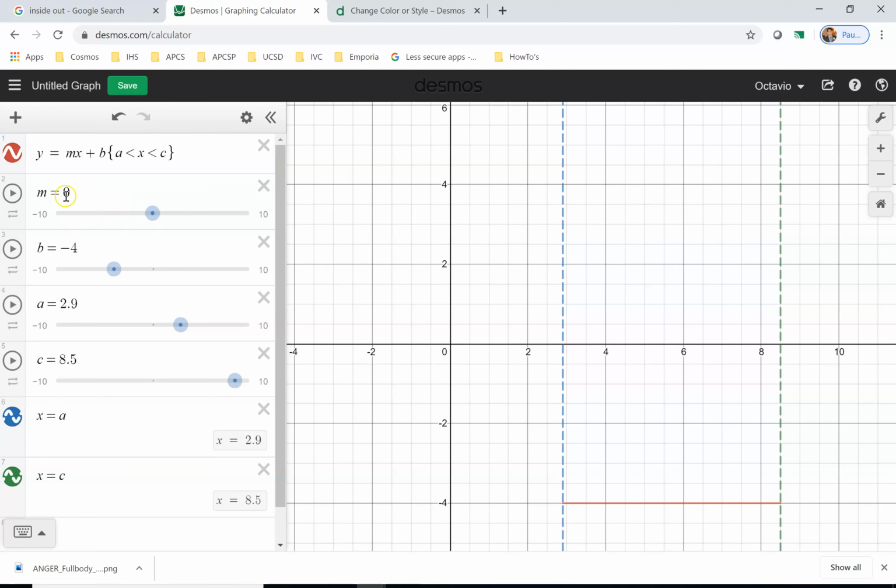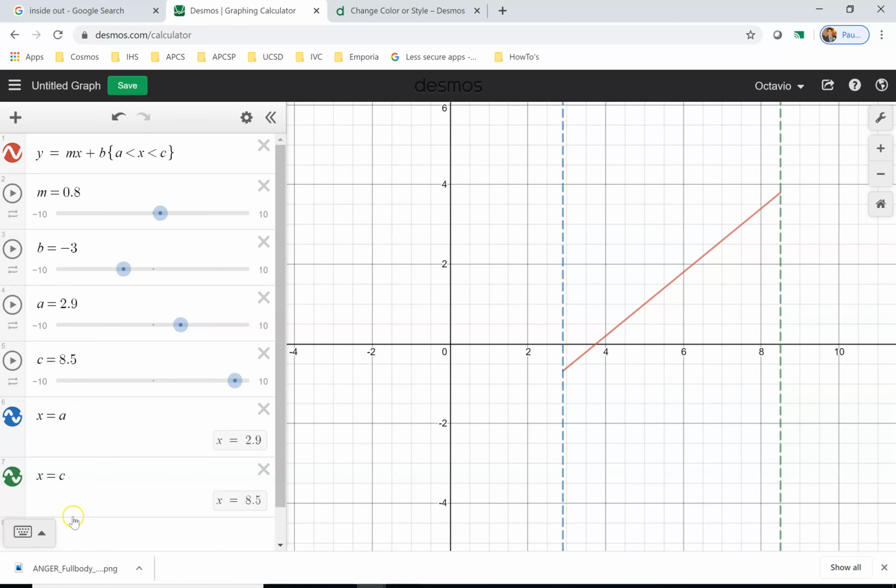When it gets flat like that, notice how this line is flat now. It's a slope of 0. If I want to increase the steepness, I increase the slope. If I want to move the line up or down without changing its slope, its inclination, I just slide the y-intercept like that.